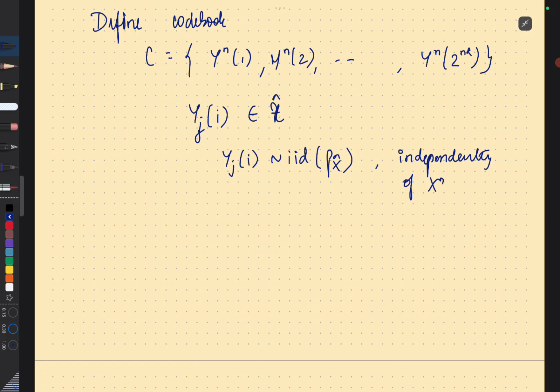So it's drawn according to the marginal Px hat.